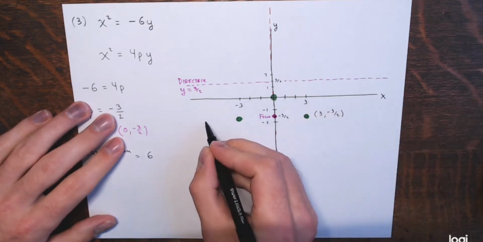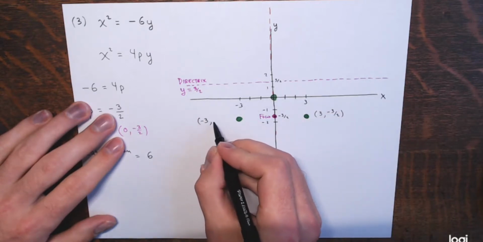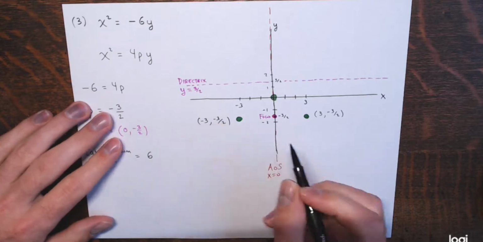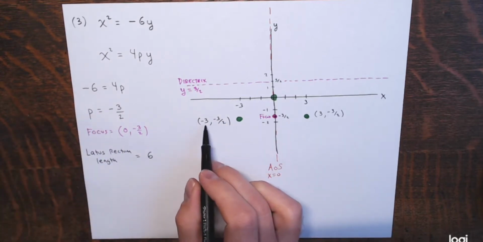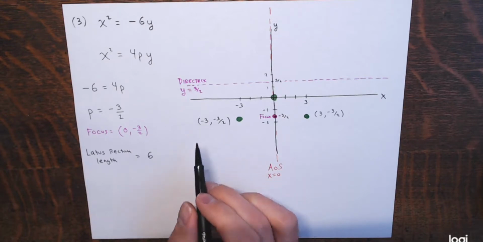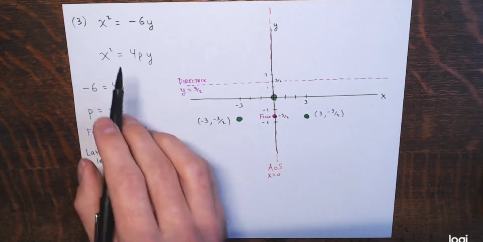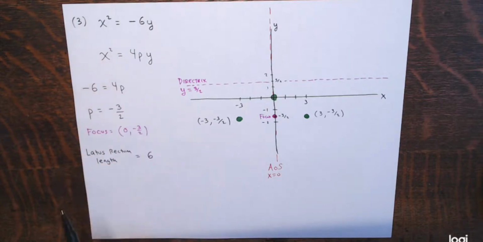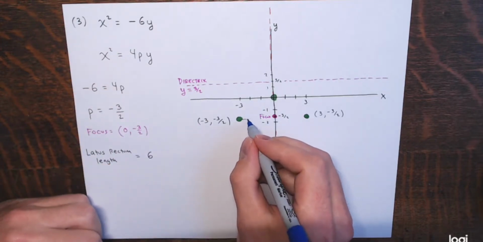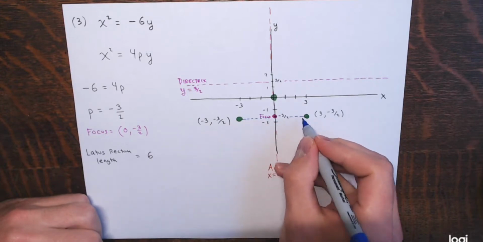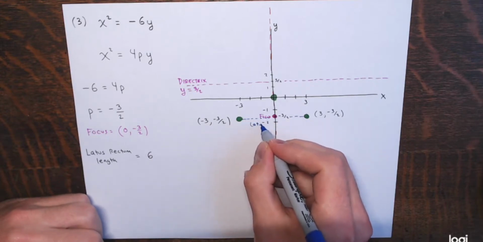And then this other point on the other end is -3, -3 halves. And these are solutions. Check them out. Replace x with 3 or -3, and then replace y with -3 halves, and you'll get 9 equals 9 in the equation. And once again, I'll label this little dotted segment here. There's the latus rectum.